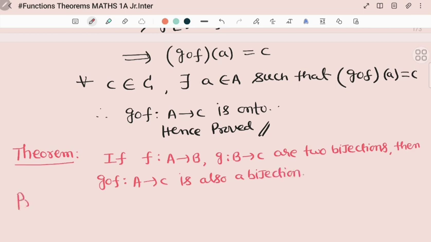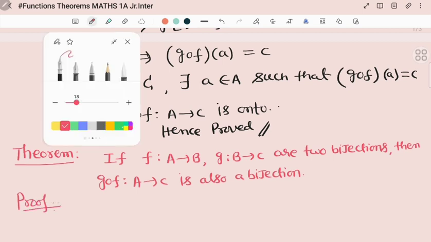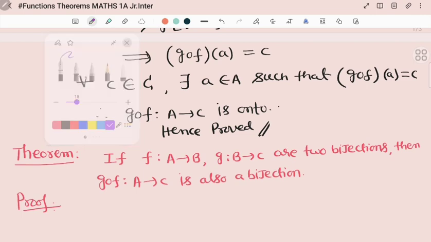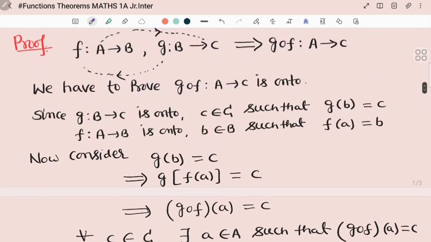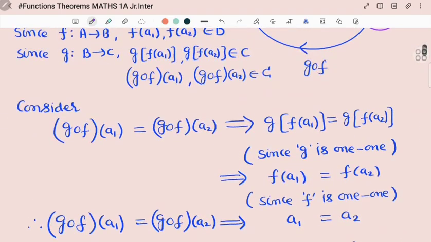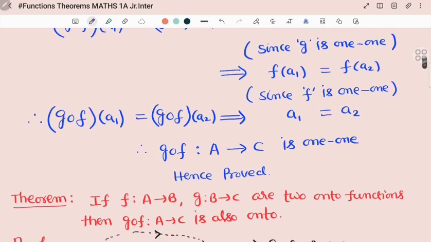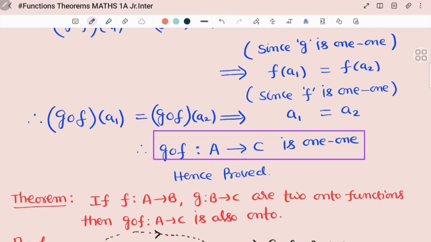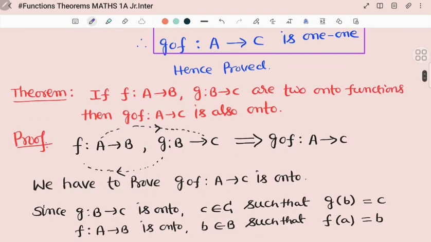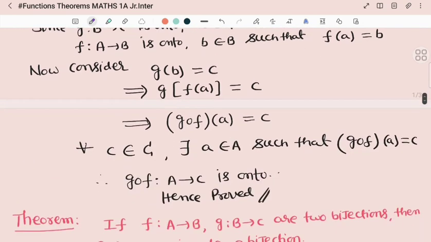So how to prove it is, this theorem is there, no? g circle f from A to C is 1-1. This proof, that means theorem number 1 proof, and theorem number 2, this proof.